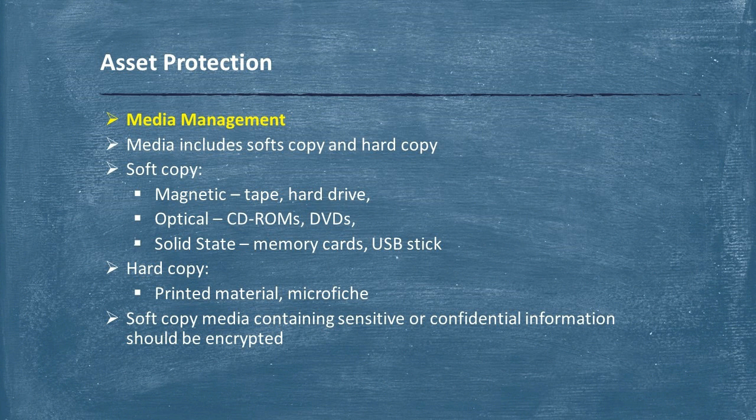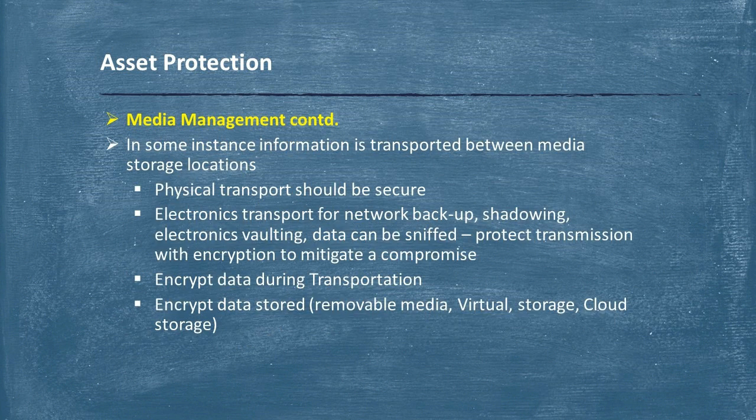Whereas hard copy is printed material and microfiche. Soft copy media containing sensitive or confidential information should be encrypted. That is the protection mechanism. The hard disks can be encrypted. Any media can be encrypted.